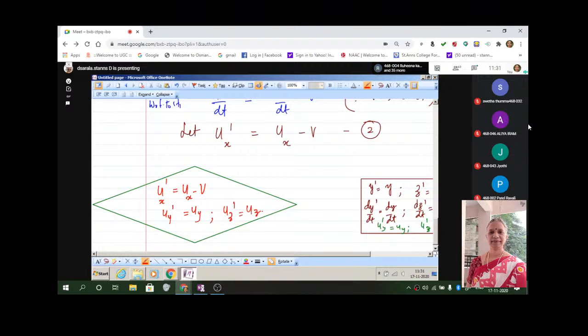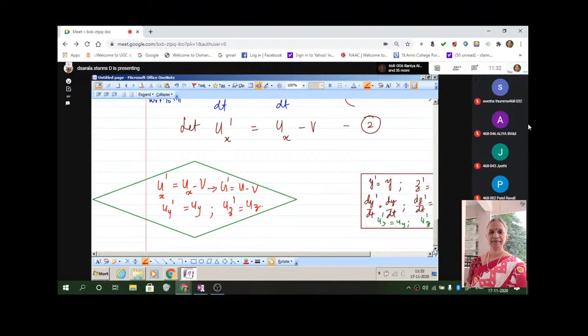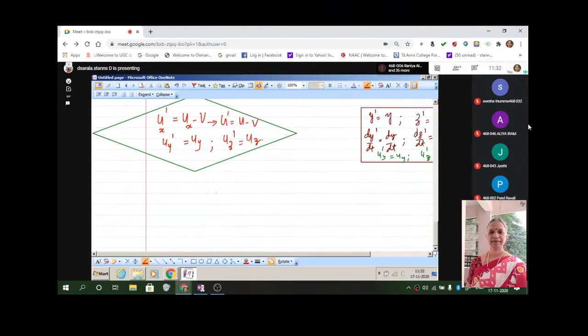So in other words, since only one parameter is changing, it is simple to write u dashed is equal to u minus v. So finally, what you have, a very important relation, is u dashed is equal to u minus v. Fine.